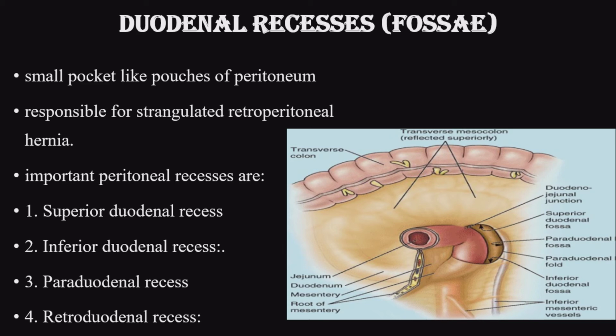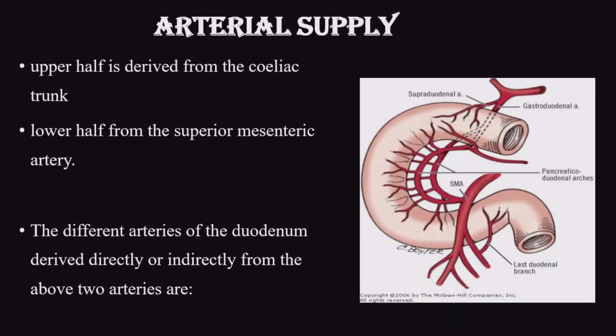The important peritoneal recesses around the duodenojejunal flexure are the superior duodenal recess, inferior duodenal recess, paraduodenal recess, and retroduodenal recess.